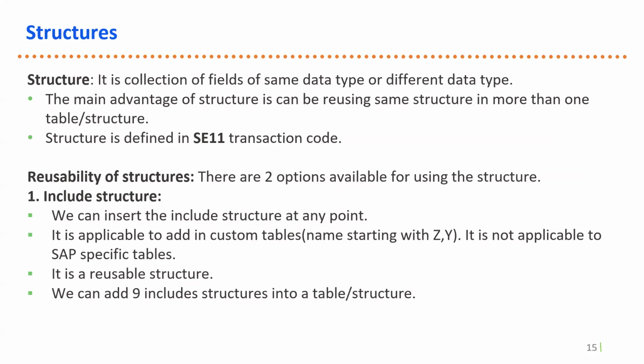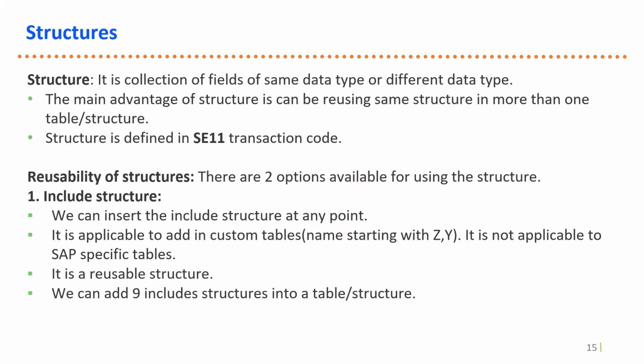Whenever we have a requirement where we need to add the same kind of fields in multiple tables, instead of adding individually in multiple tables, we will create a structure. Only one time we will create a structure, and that structure we will call into multiple tables. That is the idea of structure. So structure can be reusable.